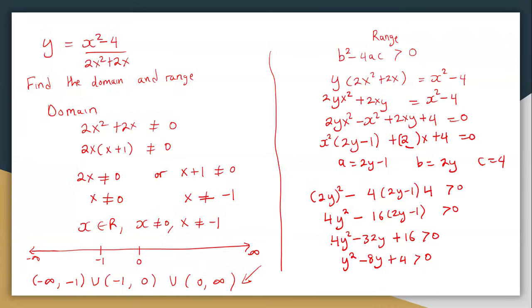So kindly write for me, what is your factorized form now here? What do you get when you factorize? Two numbers you multiply, you get 4, you add, you get negative 8. That's what you need to keep asking yourself.